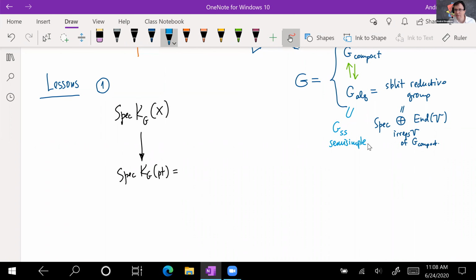So this object looks like you take the semi-simple elements modulo conjugation. Another way to think about it: you take the maximal torus and you take its quotient by the Weyl group.